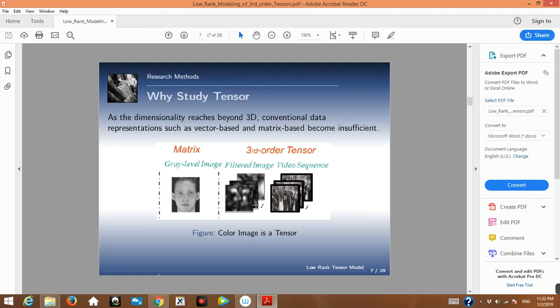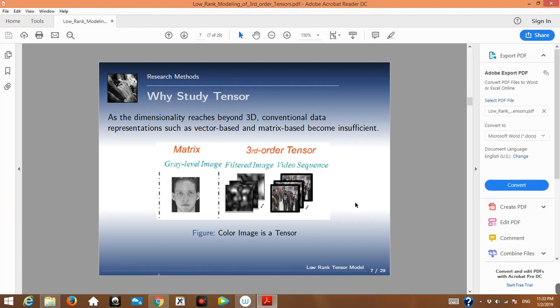Now, why do we need to consider tensors? For example, for this gray-level image, we can use a matrix to represent this image, and each pixel corresponds to an element in the matrix. However, if we look at this video sequence, we have several images because we have another dimension, which is time.